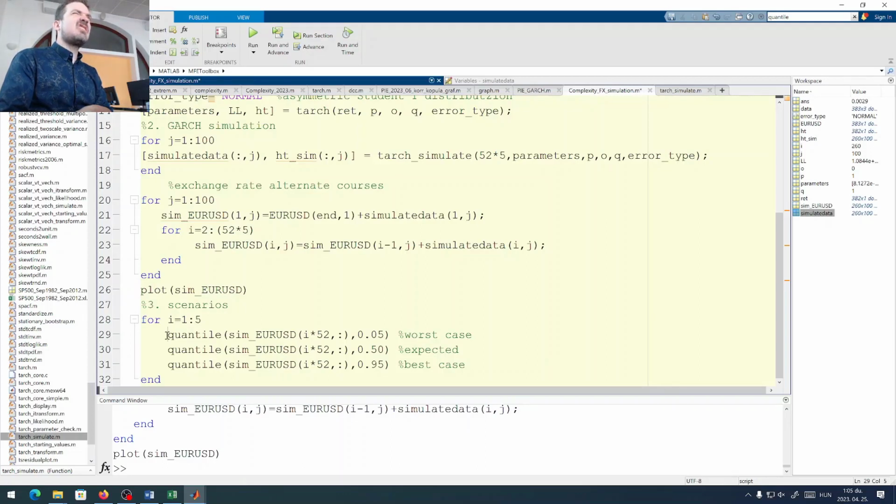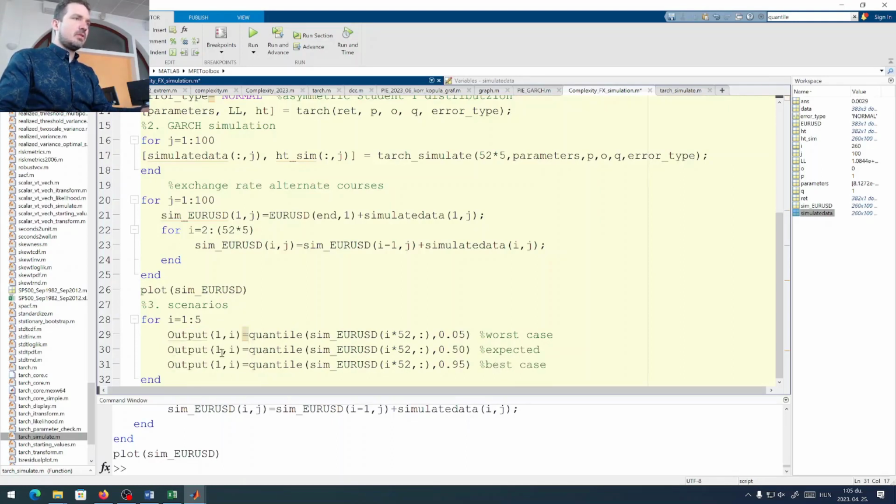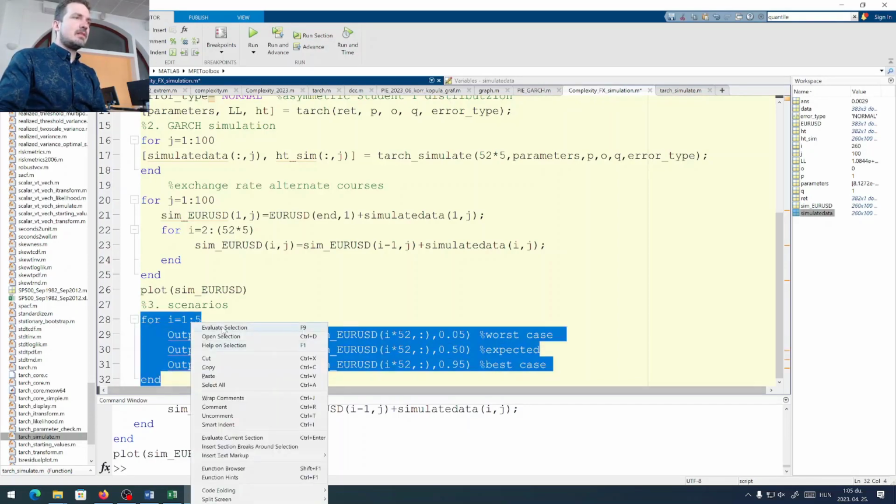So what is the output 1, I 4. I would like to create one table from all these results, and then we can see what happens.